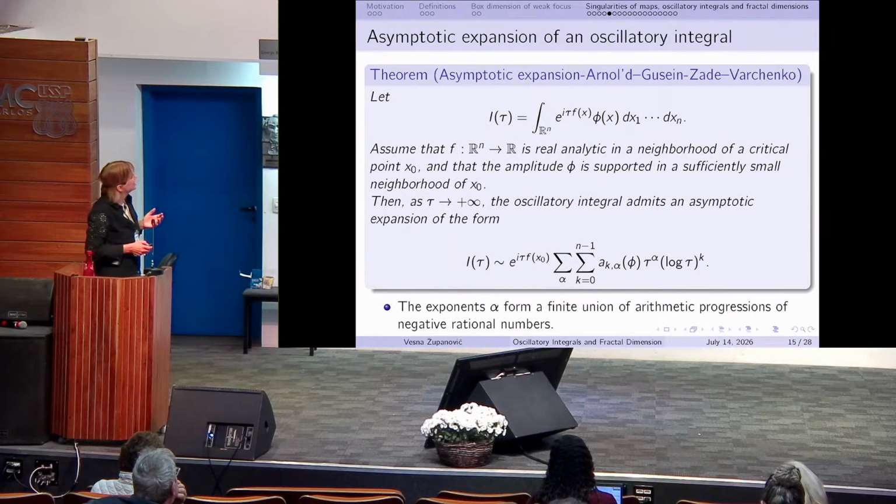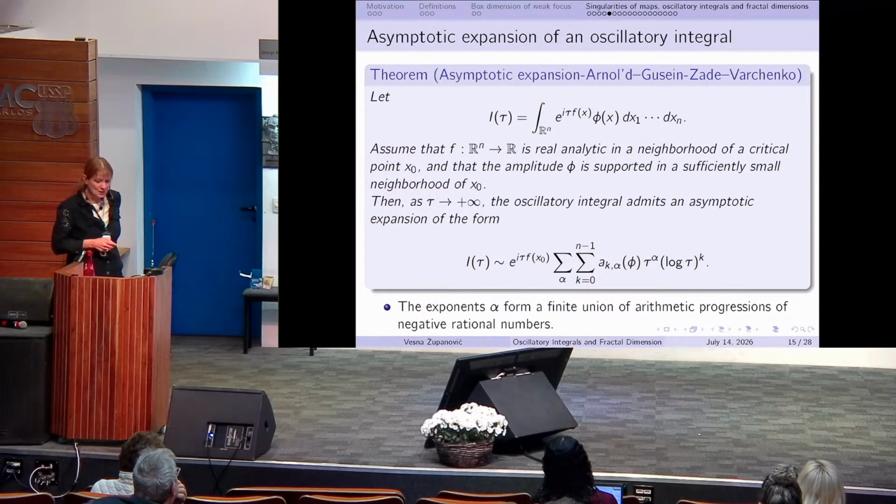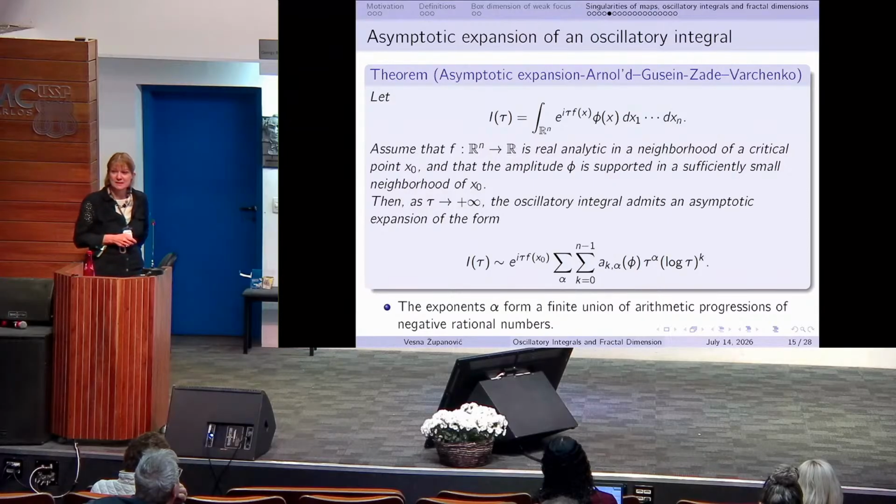That's the theorem which we use from the book. It is a very standard theorem, but maybe to show you something which will be interesting in dimension n equal 2 and higher dimensions. You can see here that there are logarithmic terms.